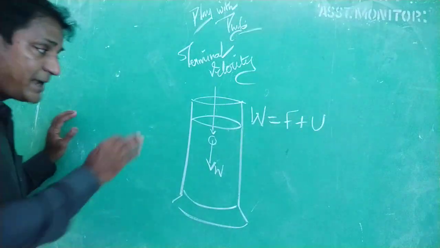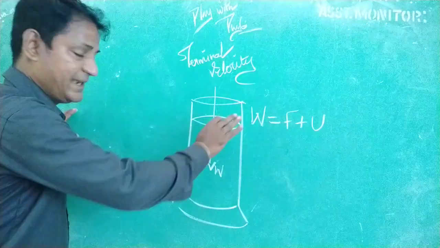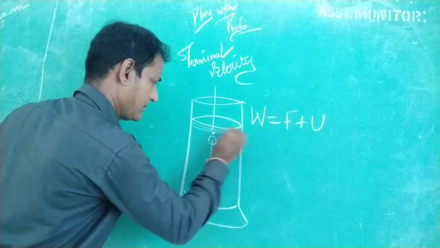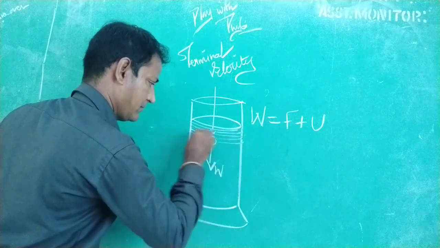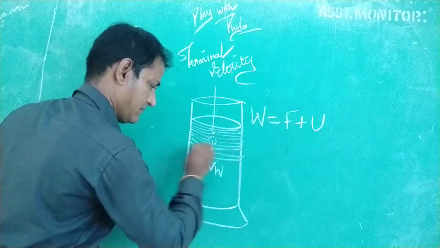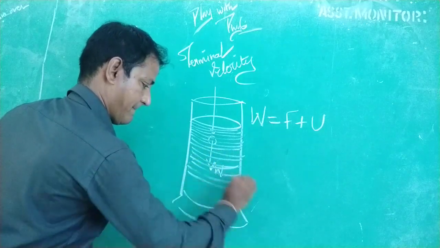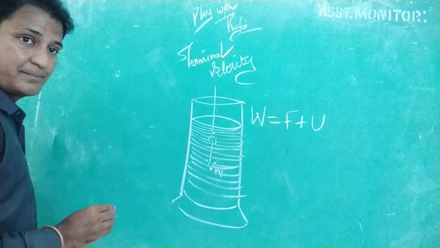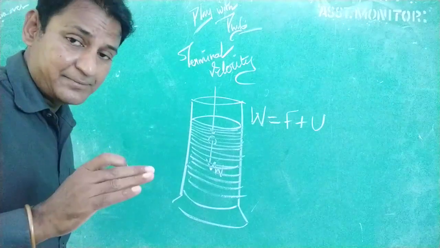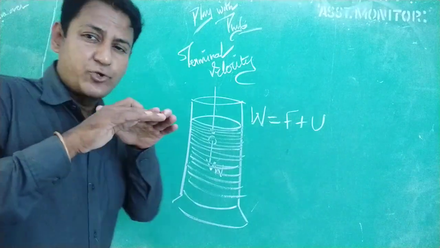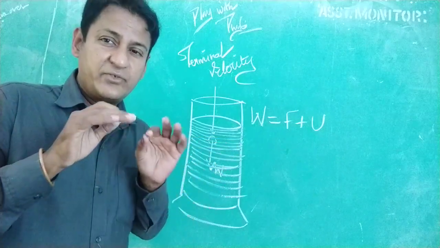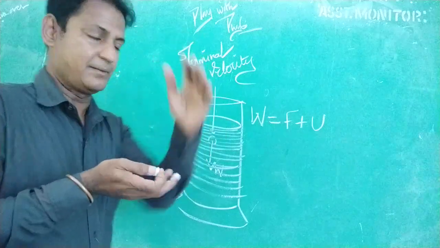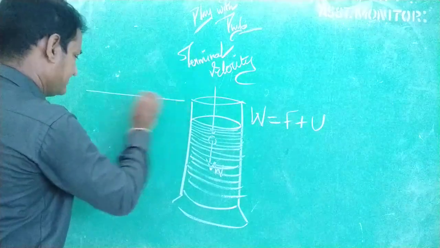Now I am going to take the liquid as different layers like this. This is compared with so many thin fine cloths which are bundled together and kept on each other like this.